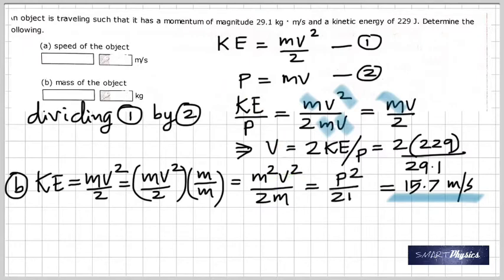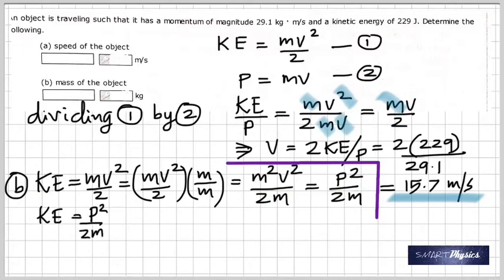Now this is a very important equation that gives the relation. Let me write that again. On the left hand side you have kinetic energy, on the right side you have p squared divided by 2m. A useful equation. We can rearrange this equation to make mass the subject. Just bring mass there, kinetic energy goes down.